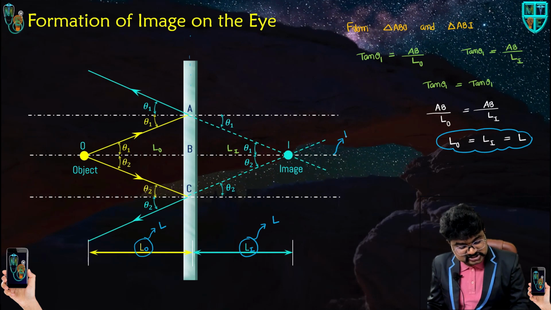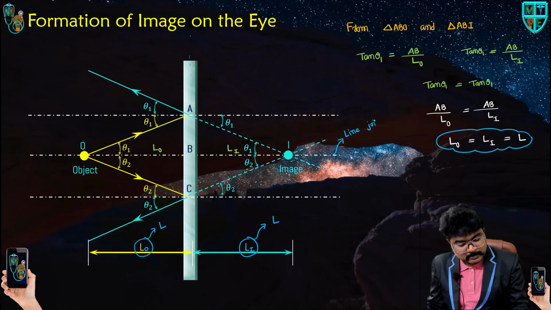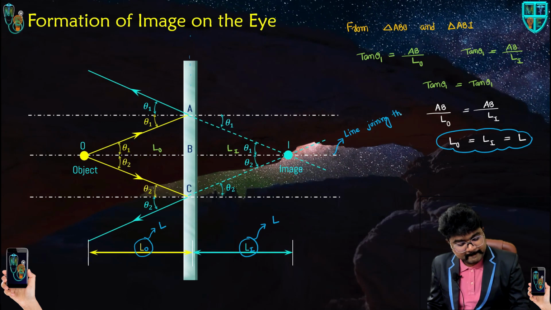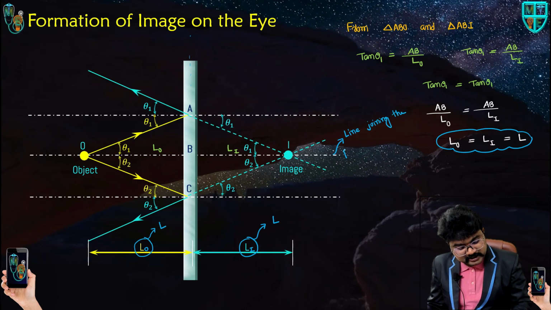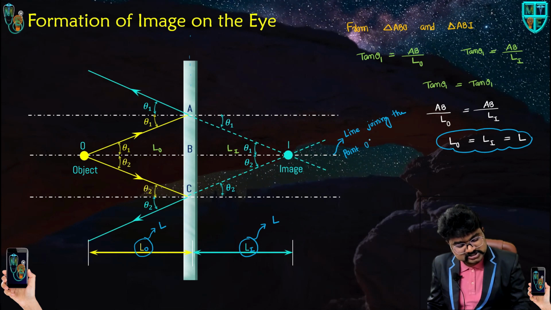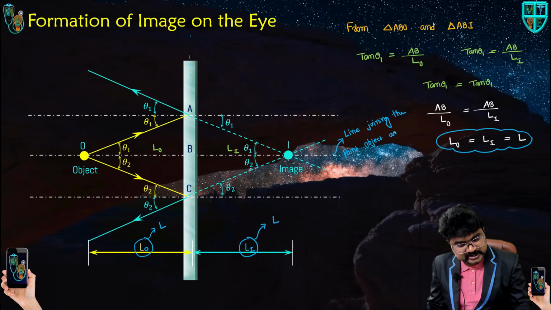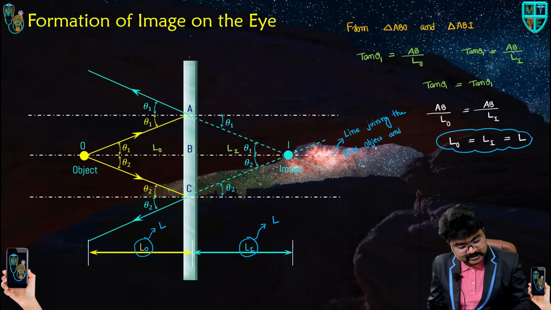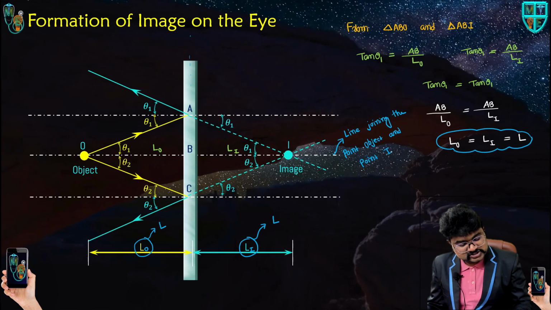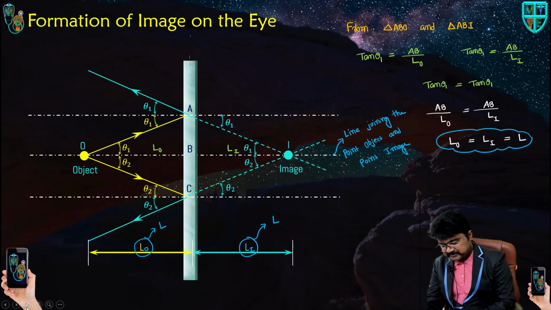This is the line joining the point object and point image.